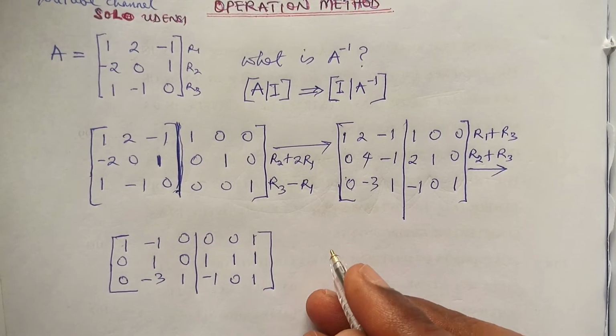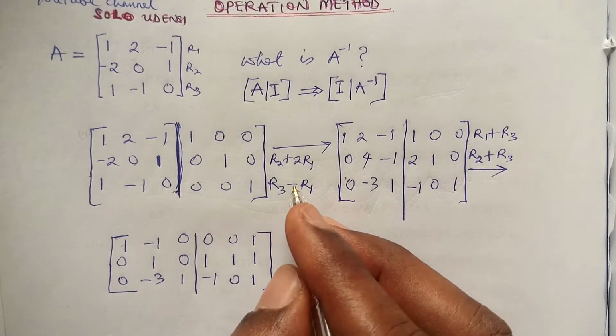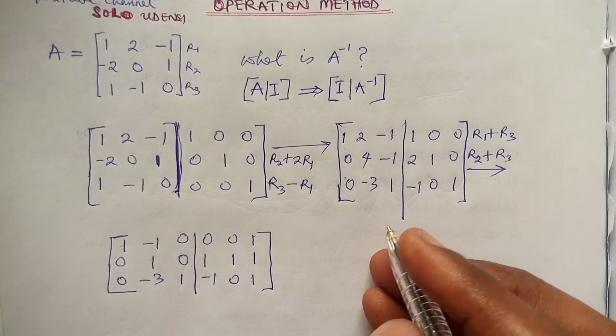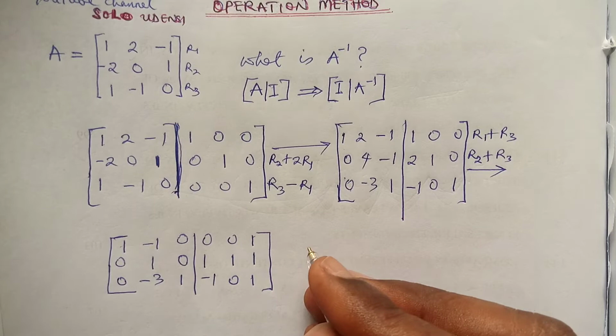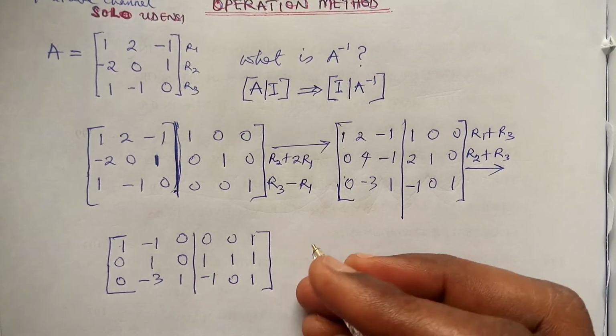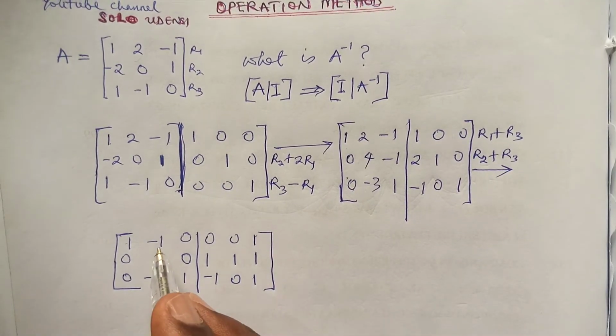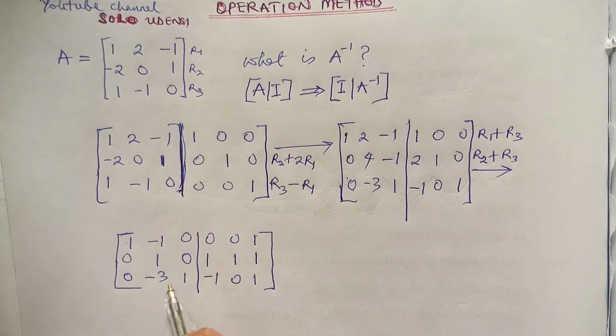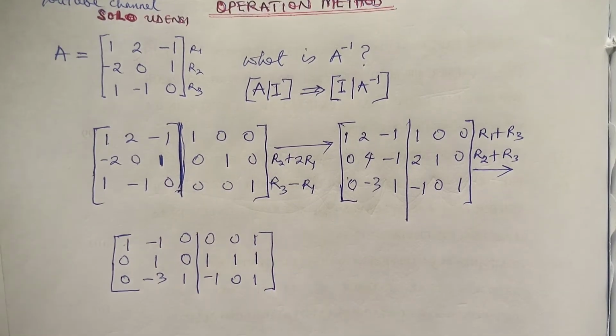So we have done those two operations in one. What remains is to make this one 0 and this one 0. Then we'll be home and dry.